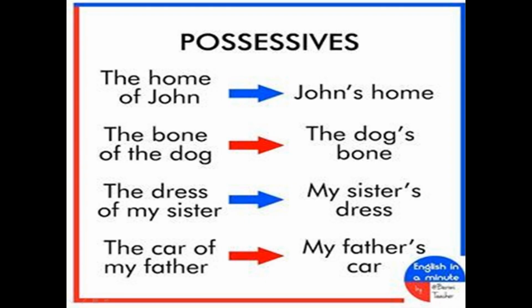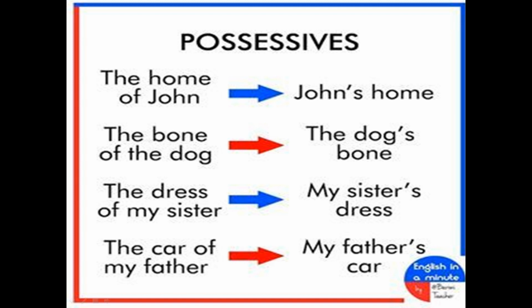Here I have other examples of possessives. For example, the home of John. Instead of saying the home of John, I will say John's home. Here I use apostrophe S and home.